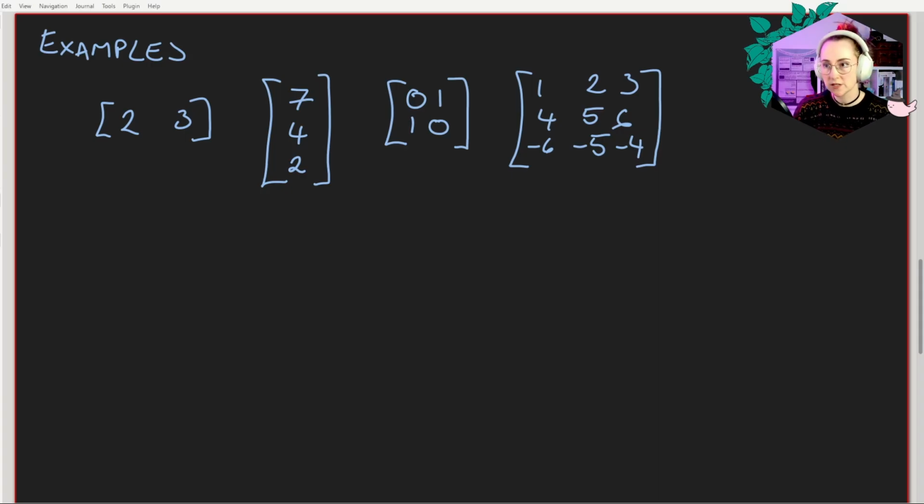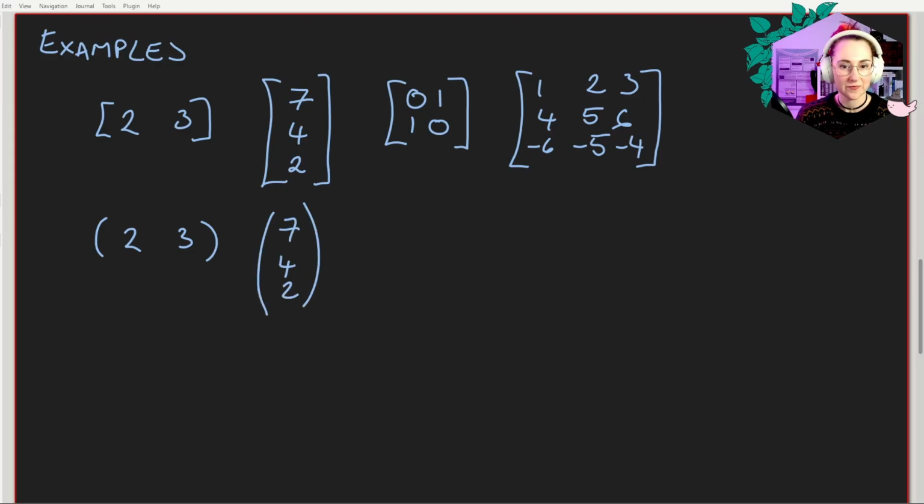Now, I'm not putting commas in between my entries like I would with a vector. And I don't know why we don't. We just don't. Equally, I could write these like this. Again, there is a pro and con reason. I'm sure that someone will have an opinion.